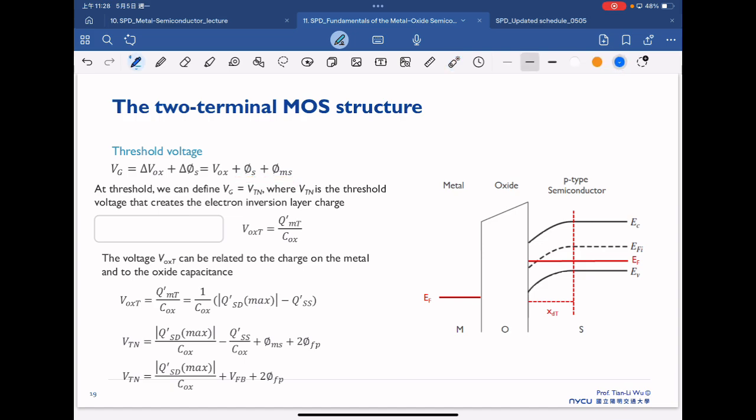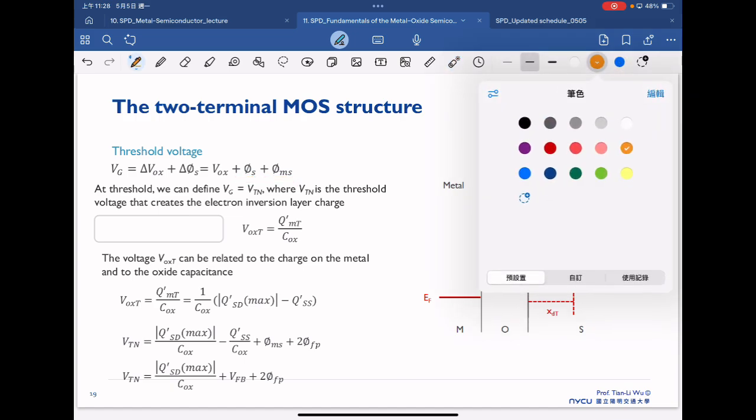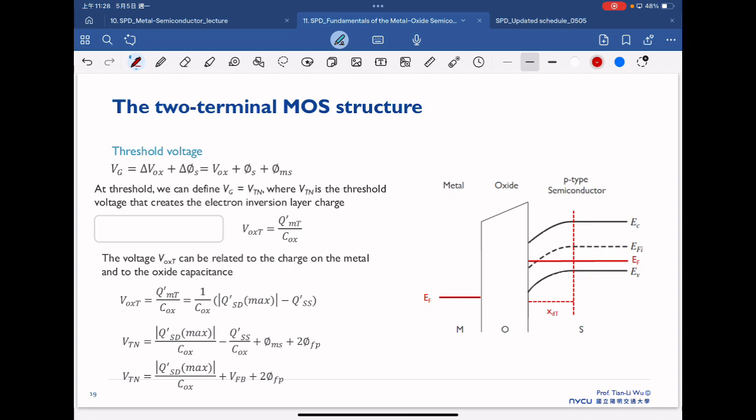So the V_G is divided into two parts. One is the voltage drop in the oxide, and this one is the voltage drop in the surface.